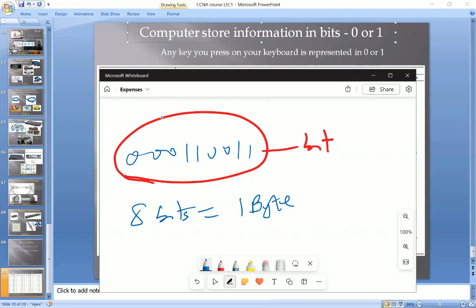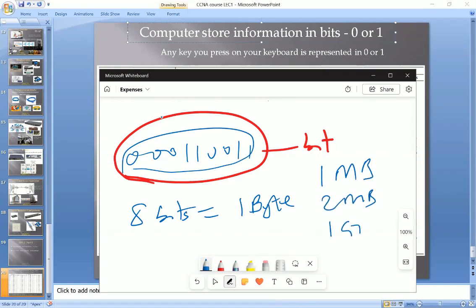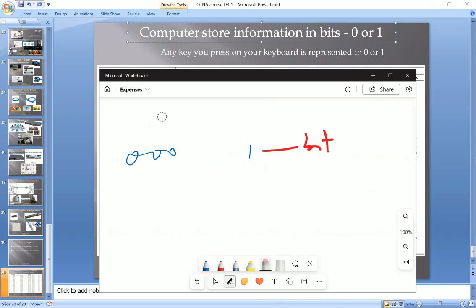So when you see 8 bits, you will know that it is 1 byte. That is why you normally see that your memory card can be 1 megabyte, 2 megabytes, or 1 gig. I'm only giving you the foundation of how a computer operates on information, so that in our next class you'll be able to understand better what we will be learning there.